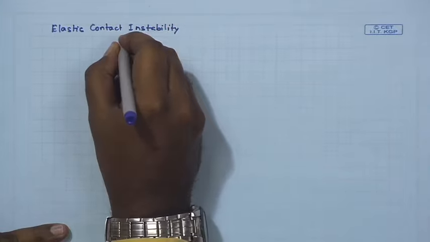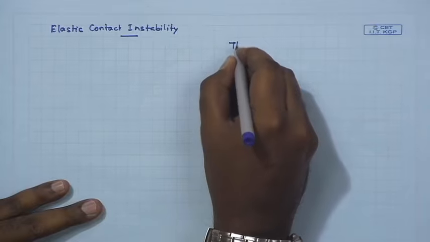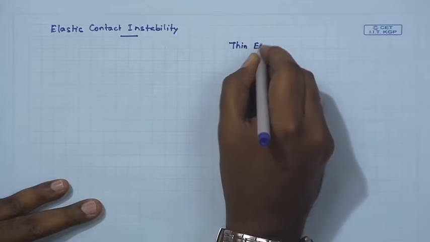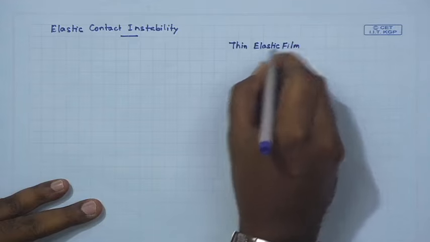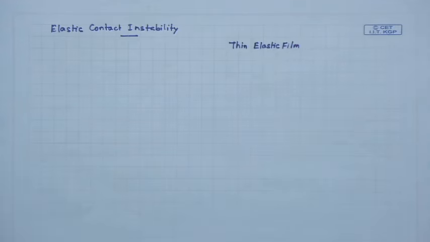So, the only difference is you would like to take thin elastic films, and these films are not as thin as the films you require for dewetting, because as you will soon see, the physics, though it is triggered by the van der Waals forces, is not due to the interfacial interactions across the two interfaces of a film.